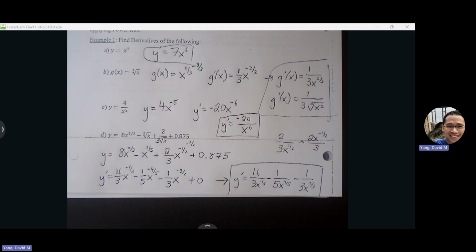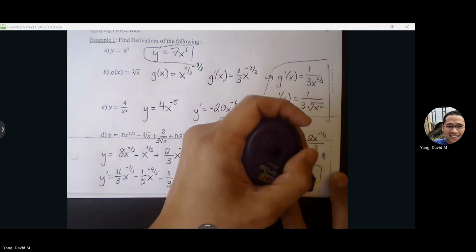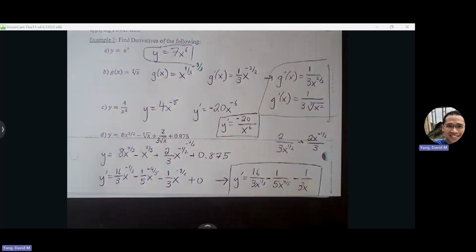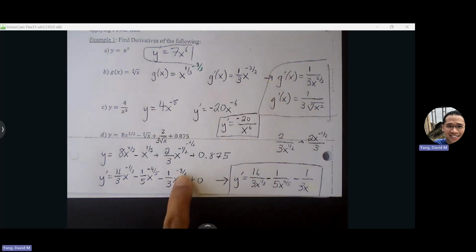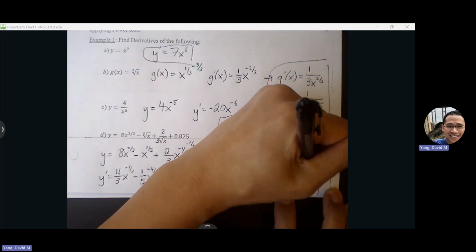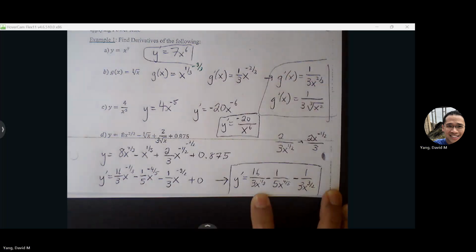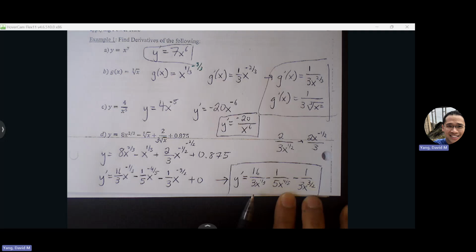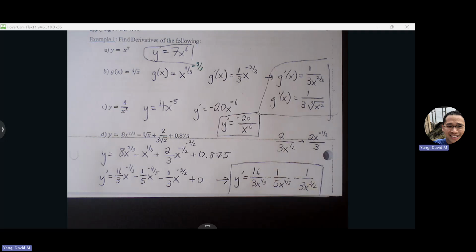Would the last one be 2/3 or 3 over 2? Oh, sorry, 3 over 2. Thank you. Yeah, so whenever you flip the exponent down, you're going to keep the same fraction, but just change the sign. Sorry, it should be positive 3 over 2. Again, you can convert all of these to radicals, but rationals in the denominator is fine.